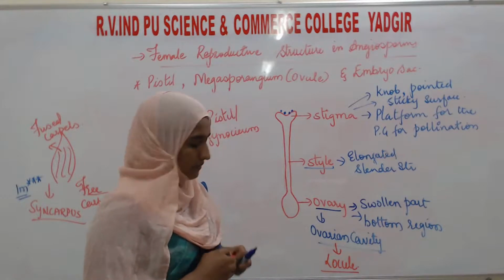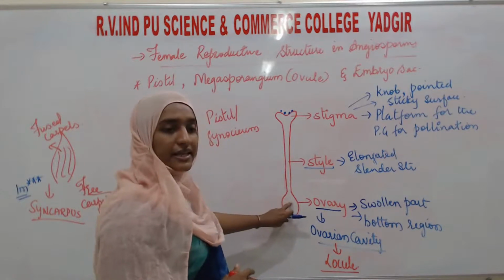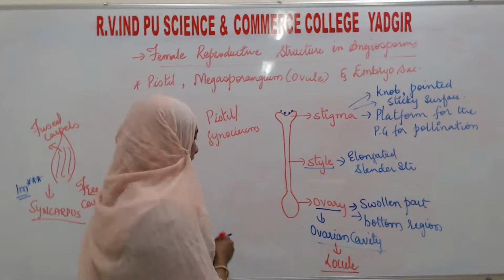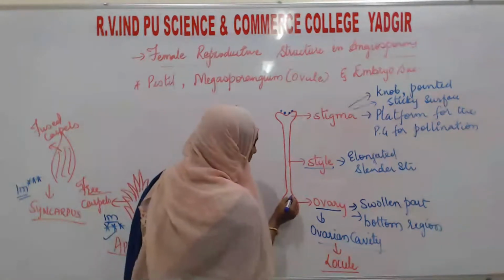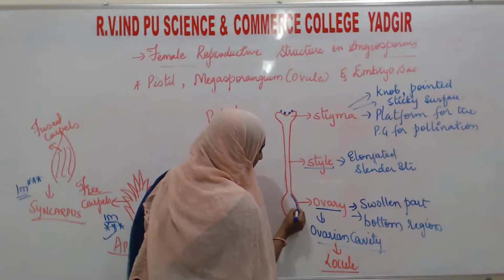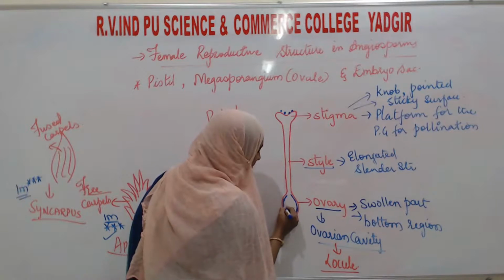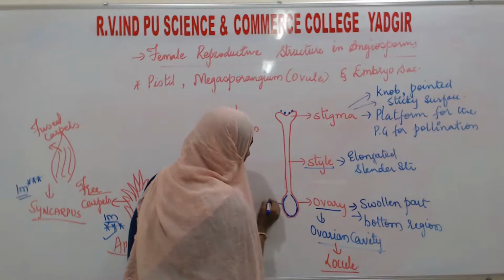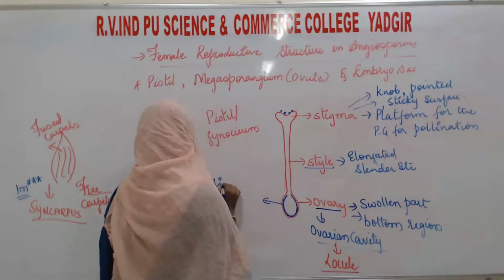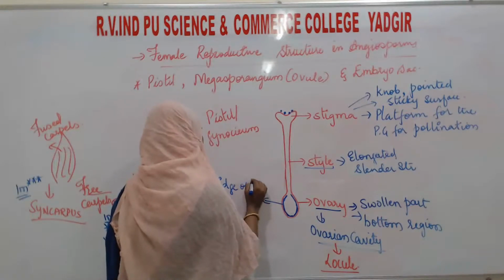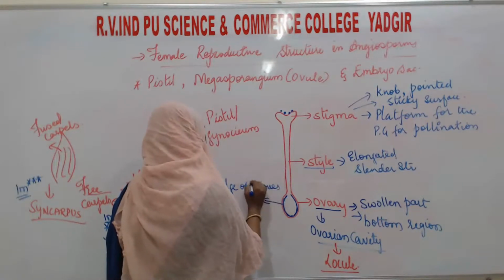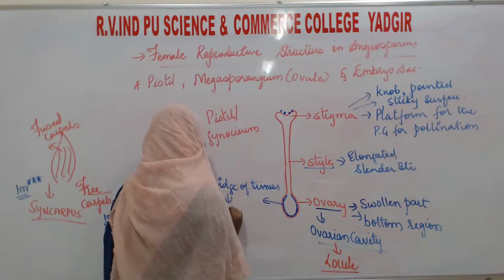Then inside this ovarian cavity there is a ridge of tissues, which is known as the placenta.